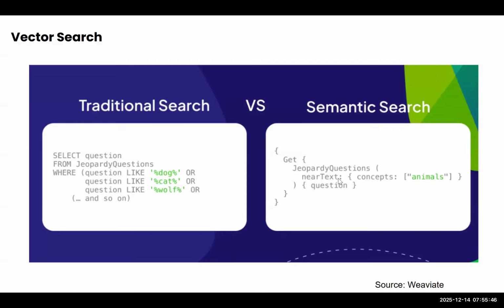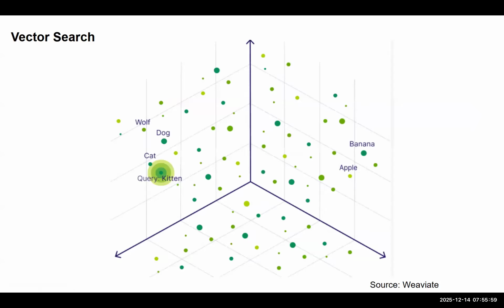However, if you add a concept in the semantic search, if you just put "animal", it is converted into an embedding, and then that is searched in the indexed space to see who are the nearest neighbors for "animal".